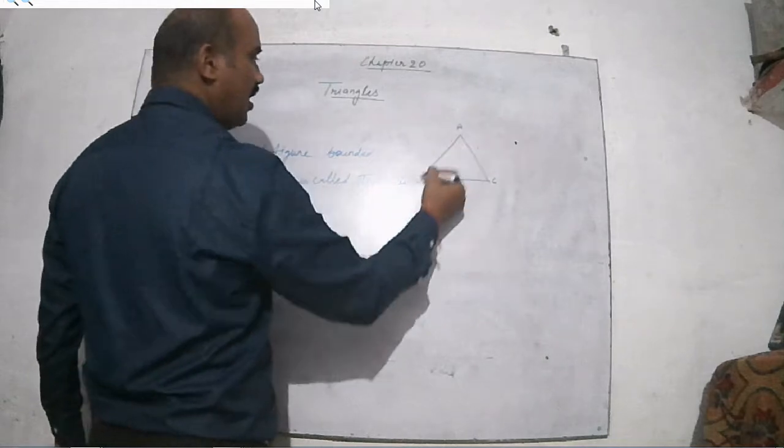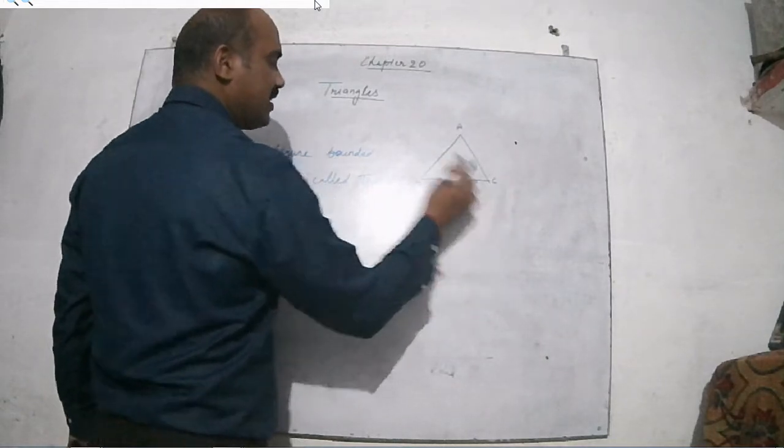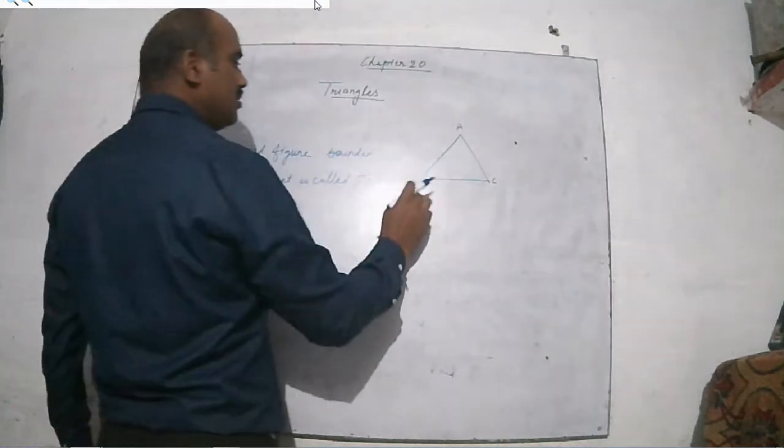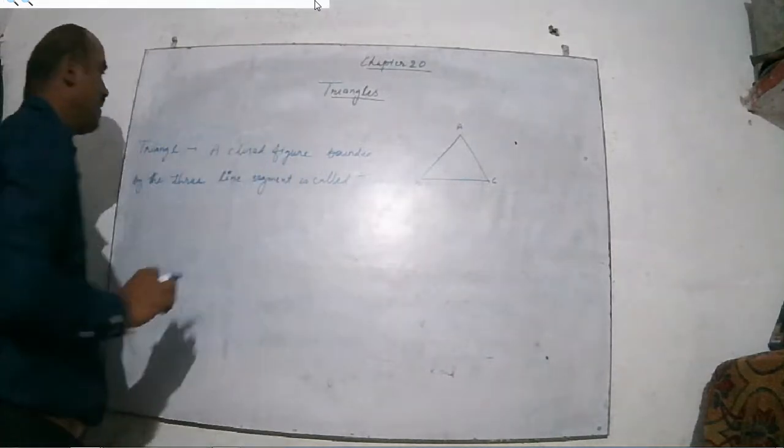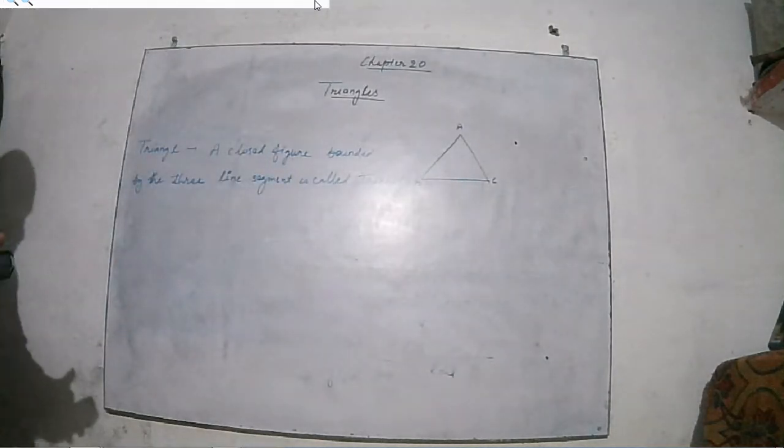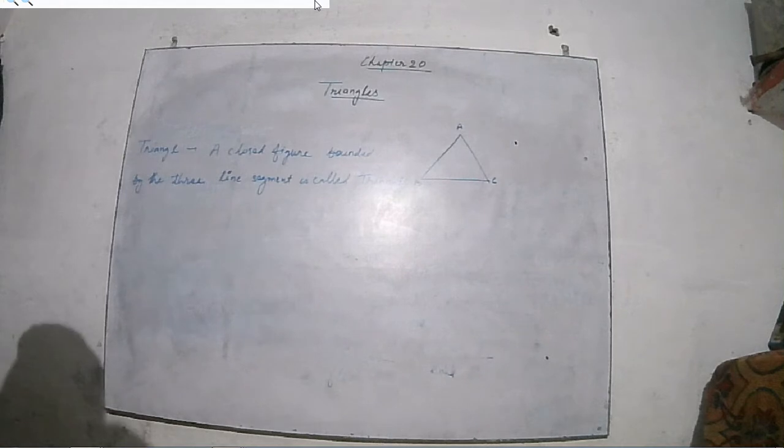Here you see all sides are closed. So this is a closed figure bounded by three line segments, called a triangle.